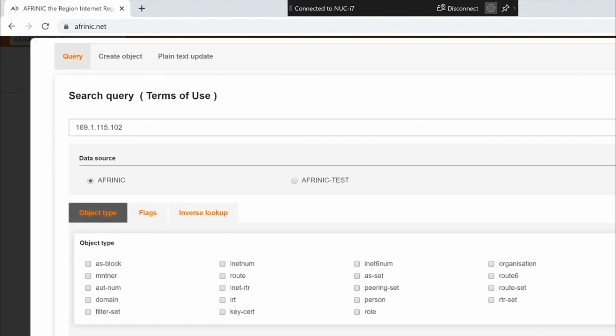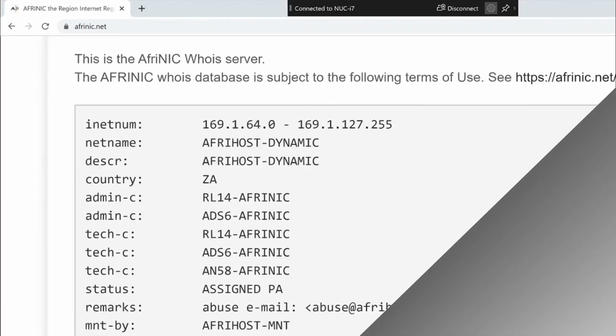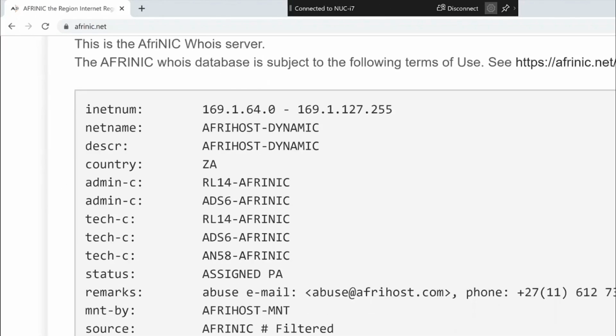So clicking on search, what we get as a result is that the address that was assigned to me sits in a range that stretches from 169.1.64.0 right up to 169.1.127.255.